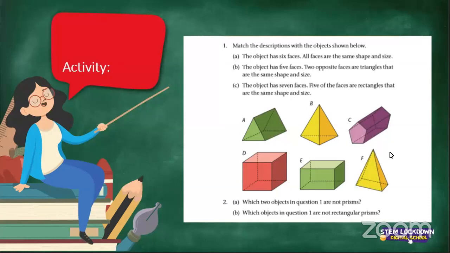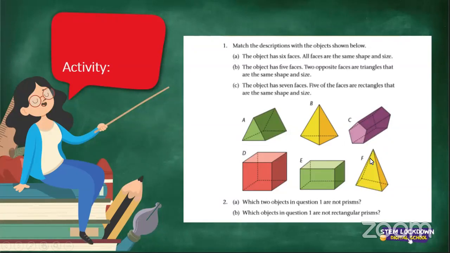I see Bontle says it's B and F, and Devin as well is saying B and F. Also P30 Light is saying B and F. So I'll take it that everyone is agreeing that it is B and F. These are the two objects that are not prisms.